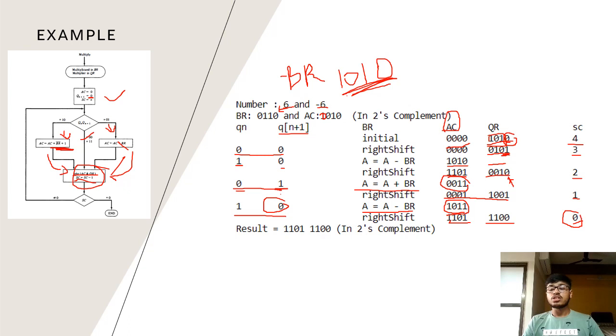Now the sequence counter is 0, so finally we can end this Booth algorithm, and the final answer is 1101 1100. It's in two's complement, so by taking the two's complement, the value becomes 0 0 1 0 0 1 0 0. Its sign is minus and the value will be 36. Thank you.